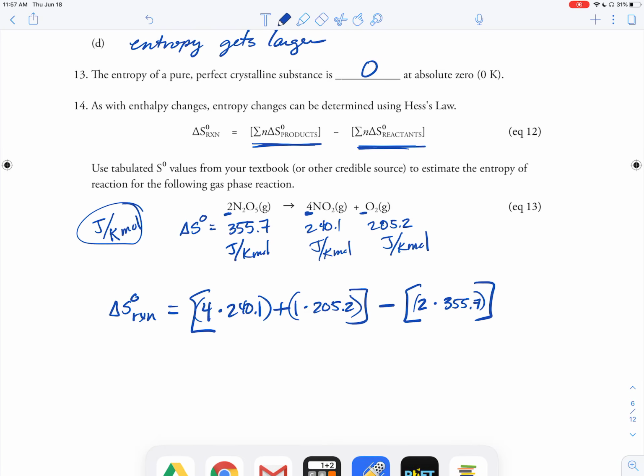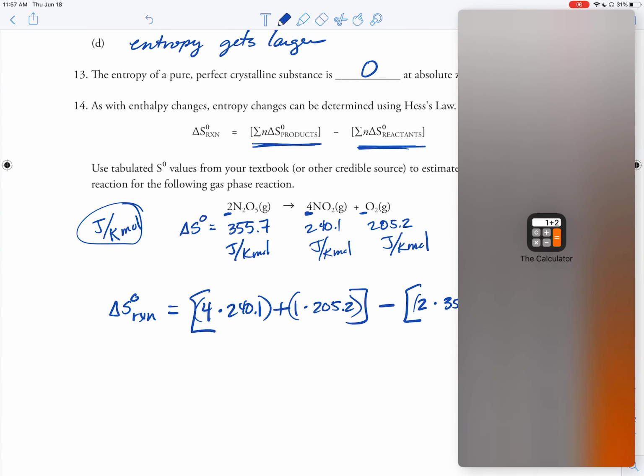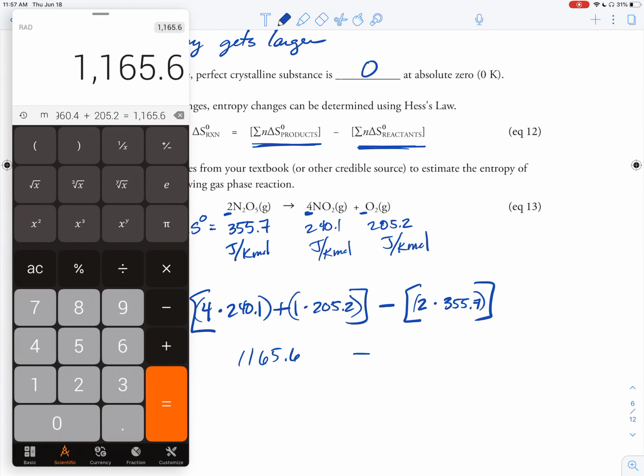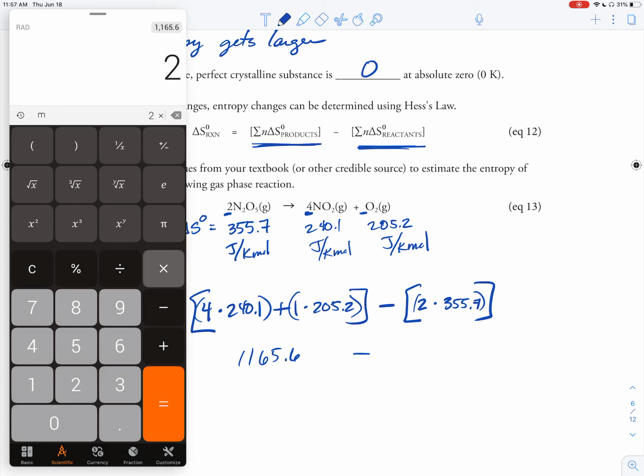So let's do some quick math. 4 times 240.1 plus 205.2 is 1165.6, minus 2 times 355.7, which is 711.4.